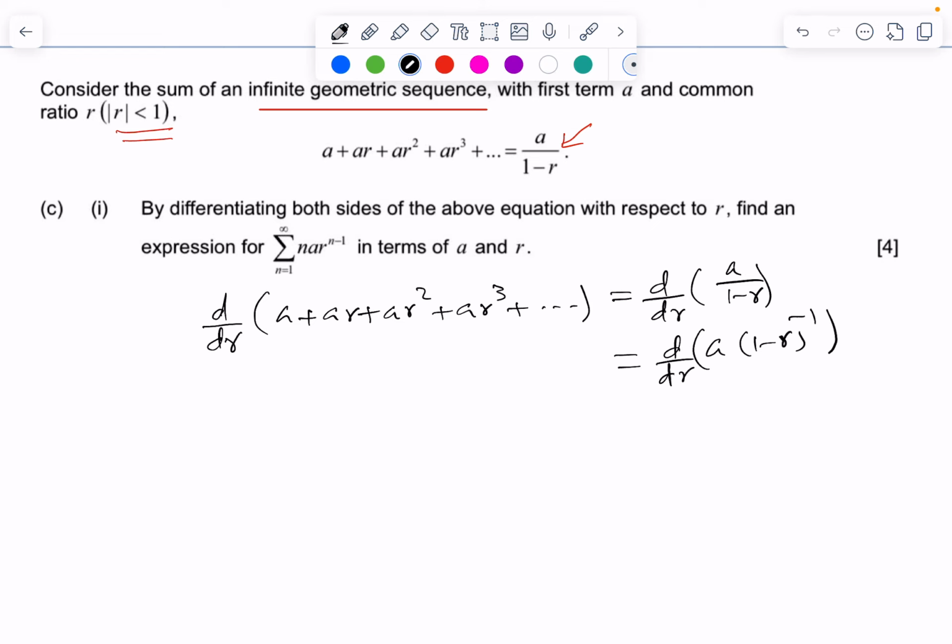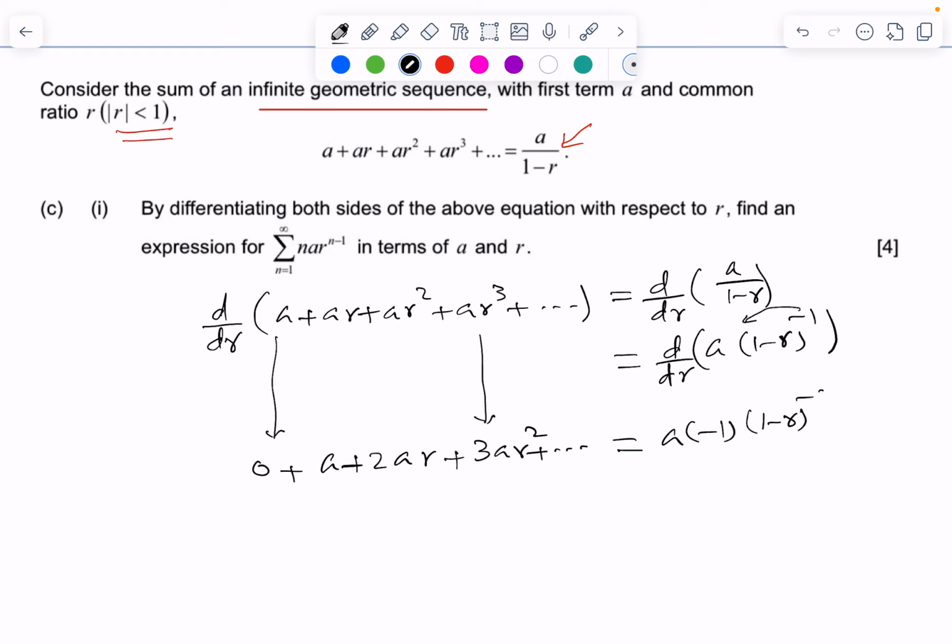So the first term a will become 0, ar will become a, ar square will become 2ar, ar cube will become 3ar square, and so on. The right hand side will be a into, the power comes to the left, minus 1 into 1 minus r to the power minus 2.